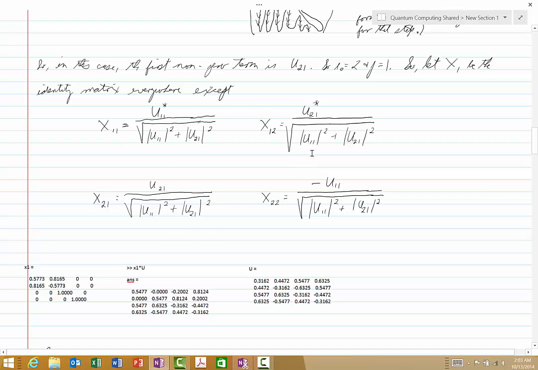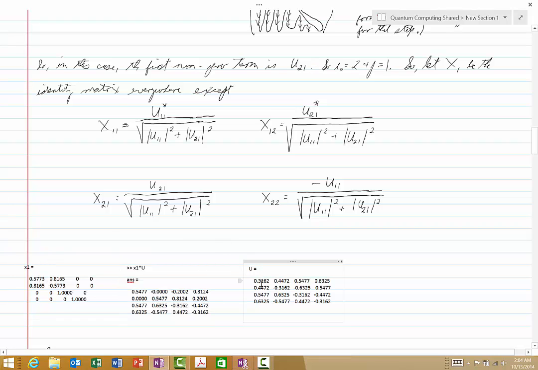Now, you can look at the formulas if you wish, but I can show you a little bit easier way to do this. First of all, since all the numbers here are real, we don't have to worry about these complex conjugates in the first two formulas. So the first two entries of x1, what are they?